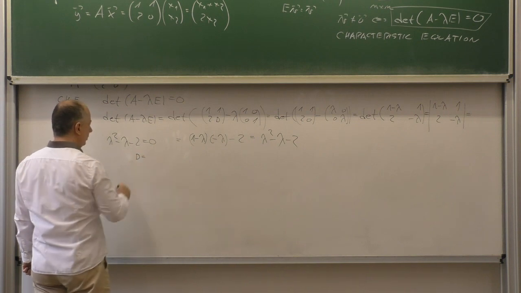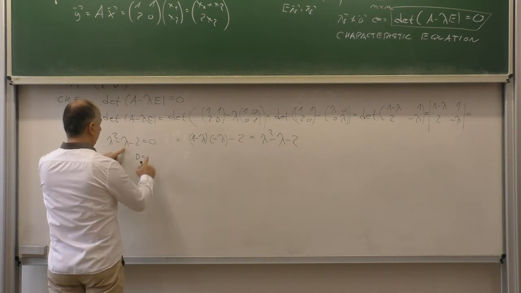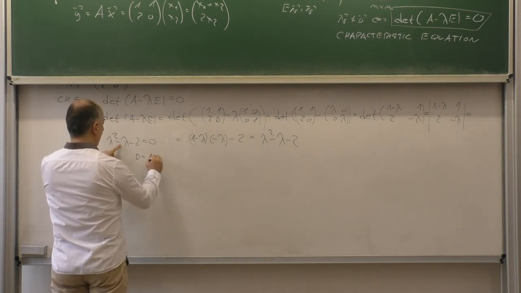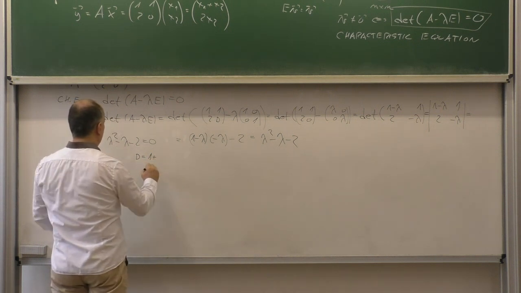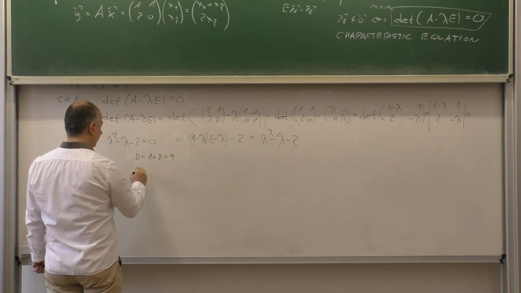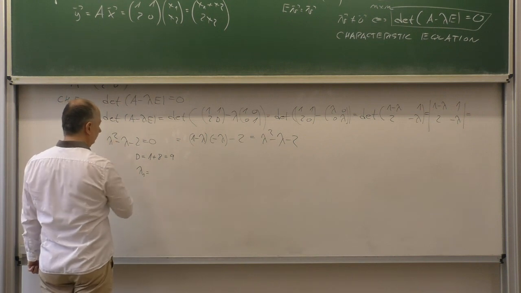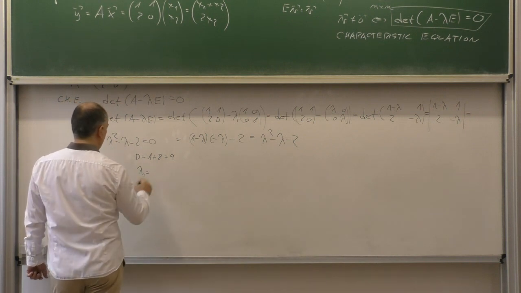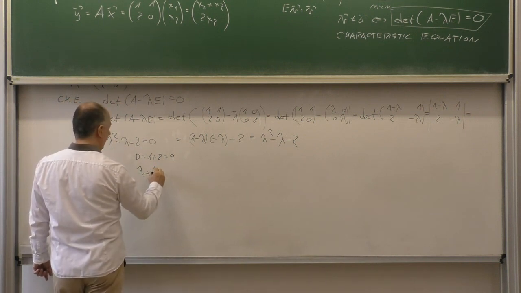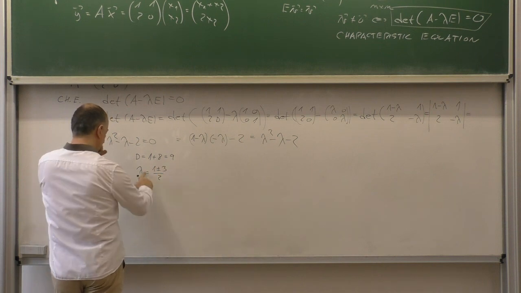Say if we compute the discriminant, then we have b squared minus 4ac, which is 9. So lambda is minus b, which is 1, plus or minus square root of d divided by 2.